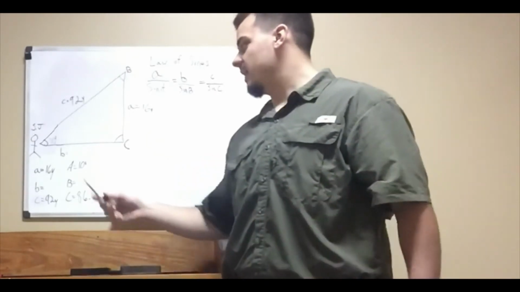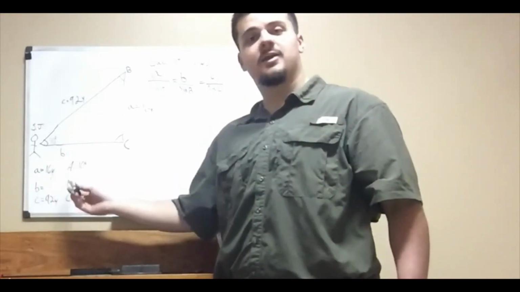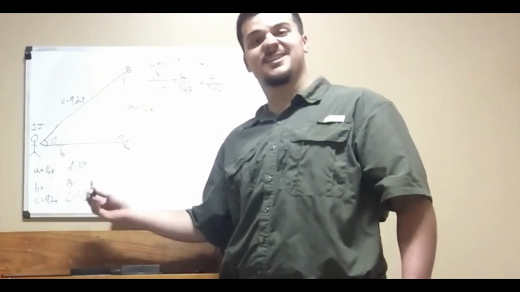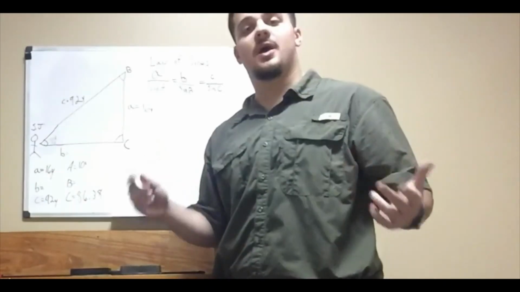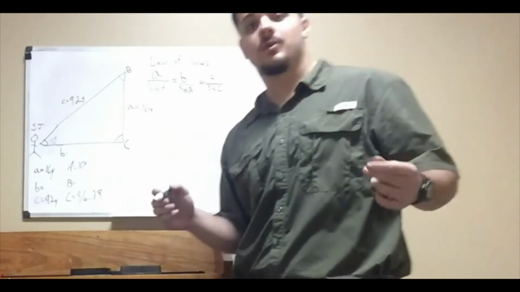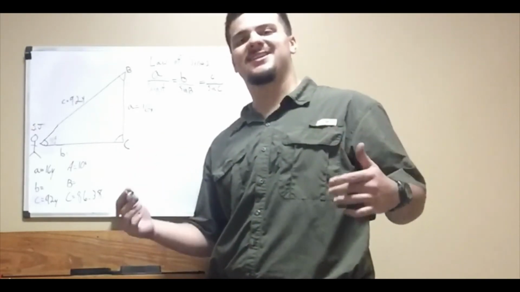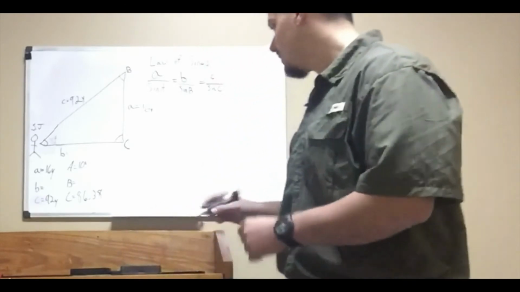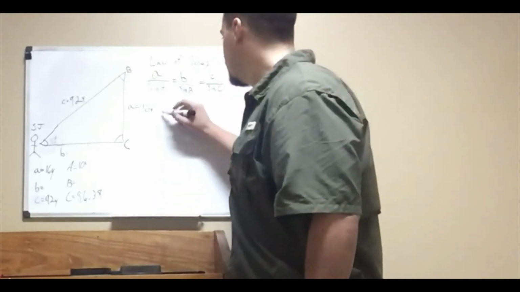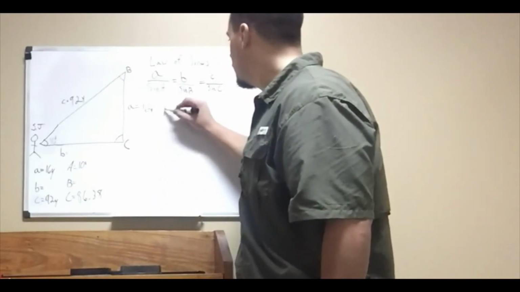Now that we have side A and angle A and side C and angle C, now we can find the remaining angle, which is obviously 180 minus 10 minus 86.38. Let me write that down.